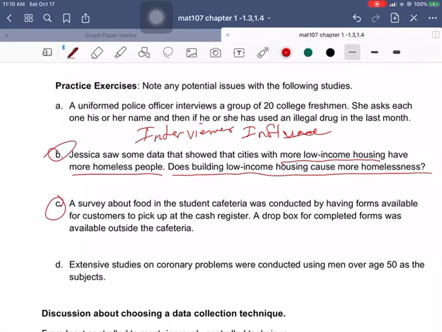A survey about food in the student cafeteria was conducted by forms available to pick up at the cash register. The drop box for the completed form was outside the cafeteria. So you have to be motivated enough to pick up a form. Chances are, with the drop box way over there, you're going to get strong opinions. Whoever picks that up is maybe mad about something.